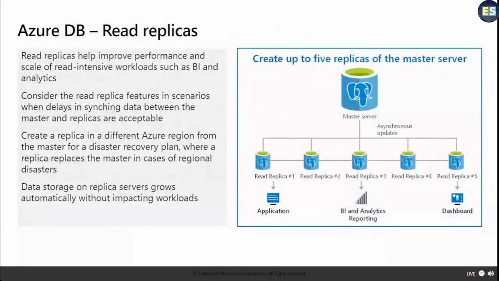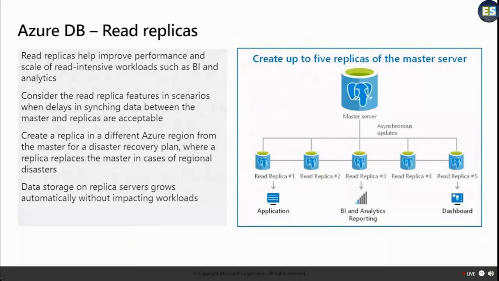So similar to Azure SQL databases, you can also replicate data for Azure PostgreSQL database or Azure MySQL database to read-only service. So Azure PostgreSQL database supports replication from the master server up to 5 replicas. So replicas are updated asynchronously with PostgreSQL engine's native replication technology. The read replicas help to improve the performance and scale of read-intensive workloads.